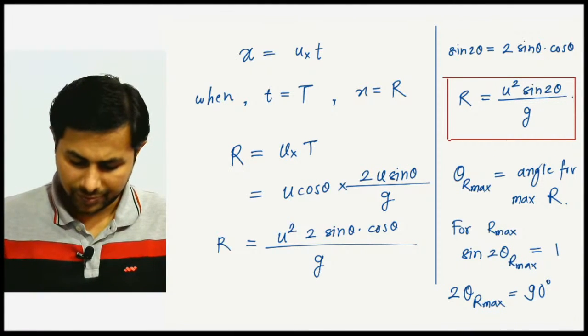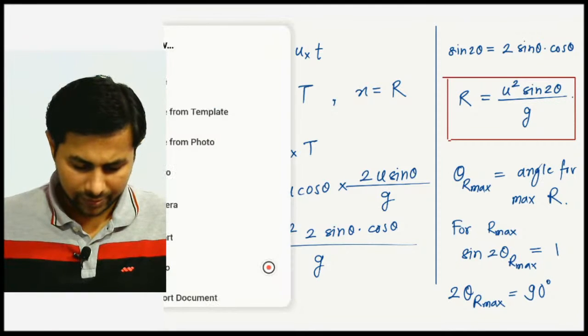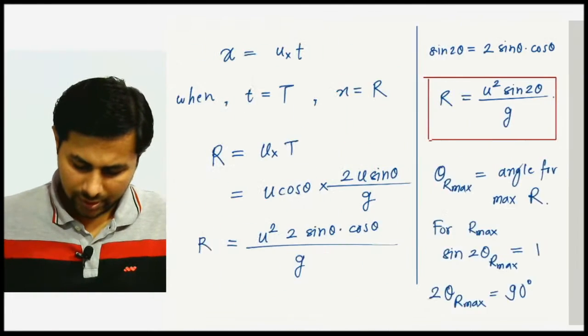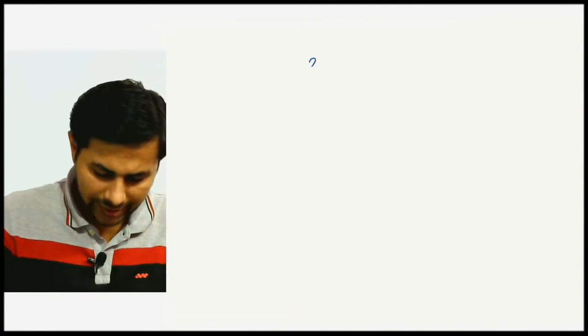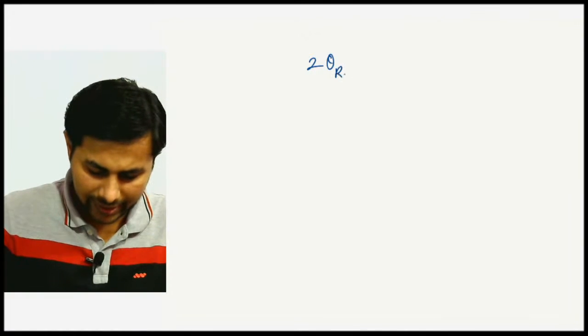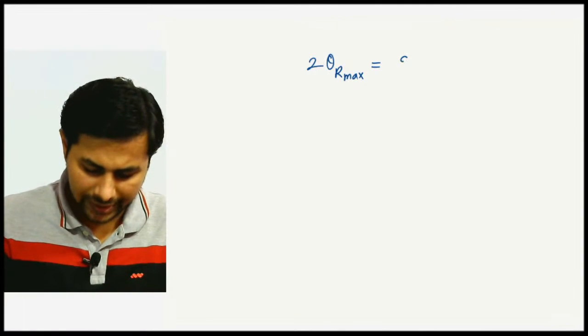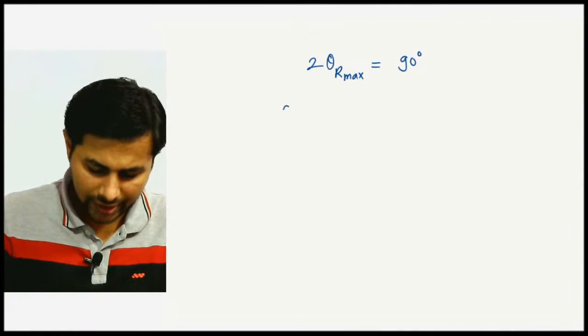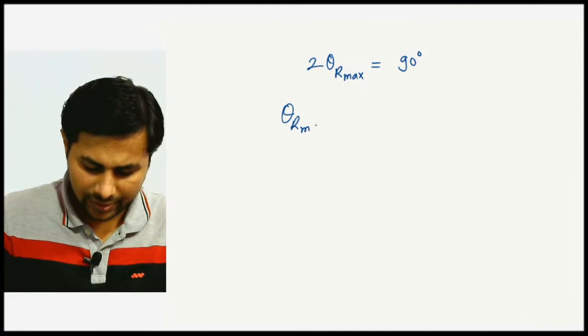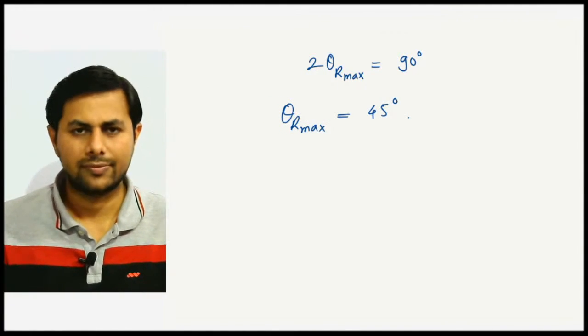And therefore, since 2 times theta R max is equal to 90 degrees, theta R max equals 45 degrees.